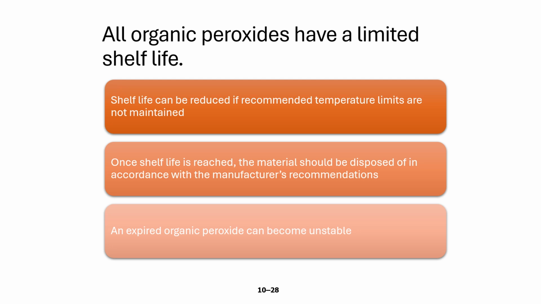Once the shelf life is reached, we're talking about how stable the material is. The material needs to be disposed of according to the manufacturer's recommendation, and when you do get to its expiration, the manufacturer will deem it as being unstable.